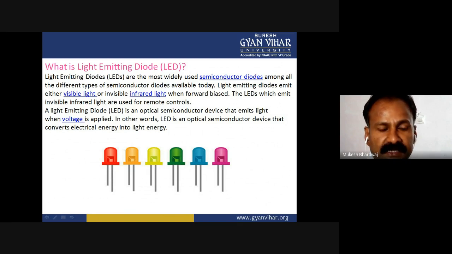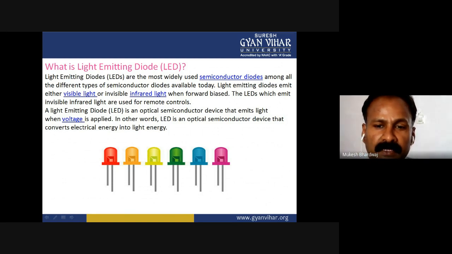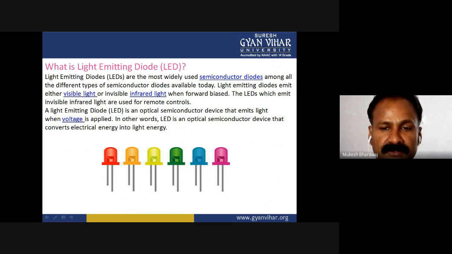As you observe these LEDs, one length of the lead is bigger and one is smaller, to identify in forward biasing condition which lead is to be connected with the positive terminal of the battery and which with the negative terminal. Therefore, the difference between the leads is kept in the manufacturing of LEDs.